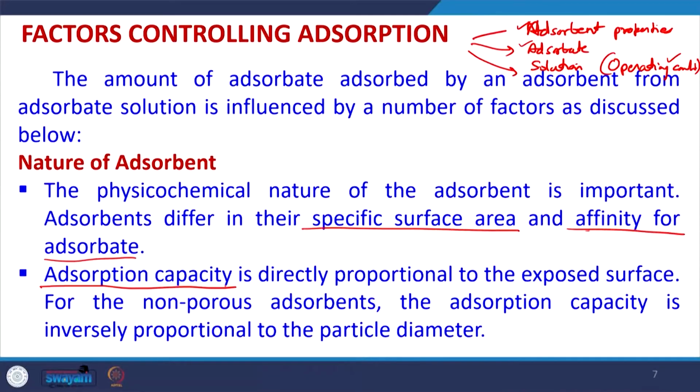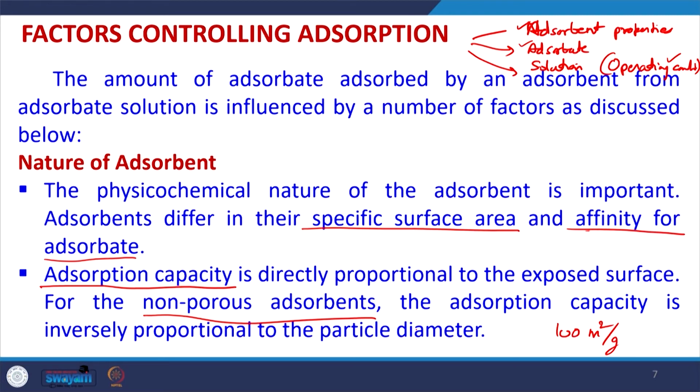Now, adsorption capacity, which we have earlier discussed, is directly proportional to the exposed surface area. For a non-porous adsorbent, suppose it has very little surface area, around 10 meter square per gram. Suppose we have two such adsorbents.